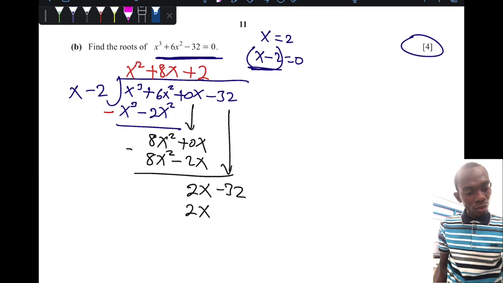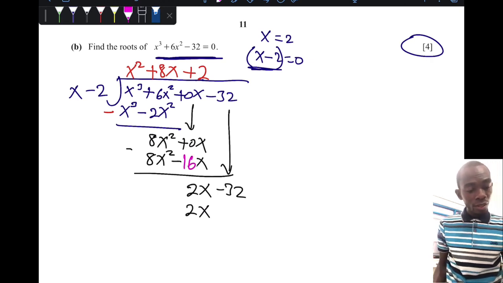Okay, this goes there, x squared. Use this to multiply, I have 2x squared over there. You subtract, that's 8. You drop this down, 0. And then this goes there, 8x. You multiply, you have that 8x. Oh, okay, I found a mistake. This is supposed to be negative 16x.